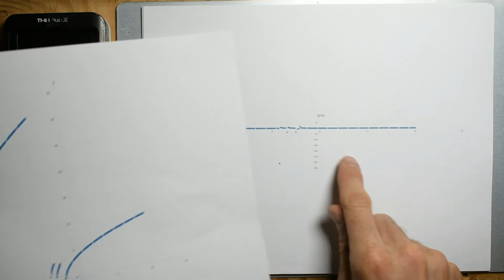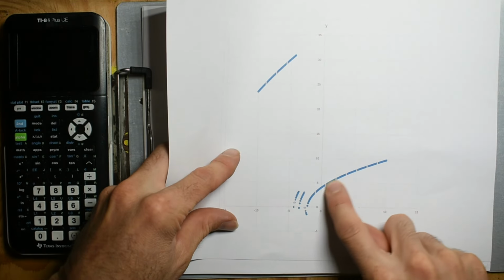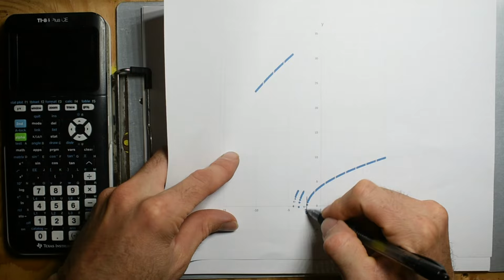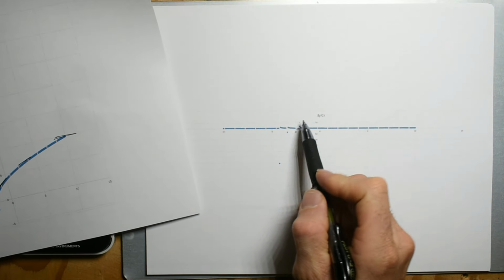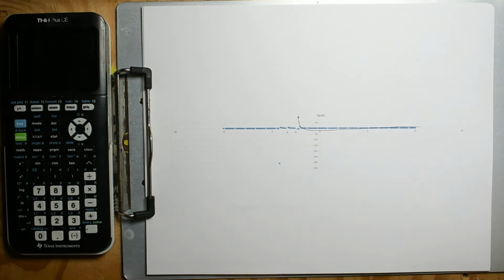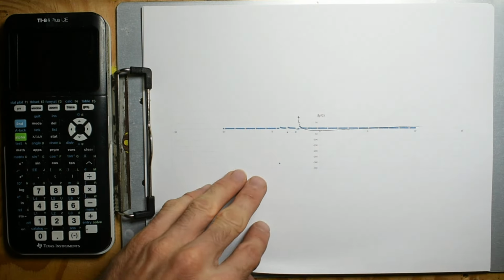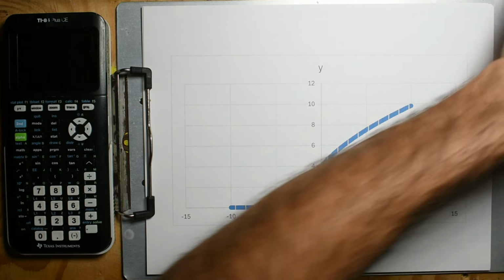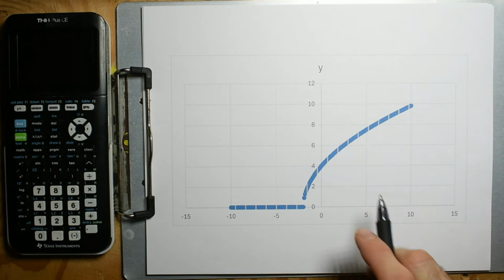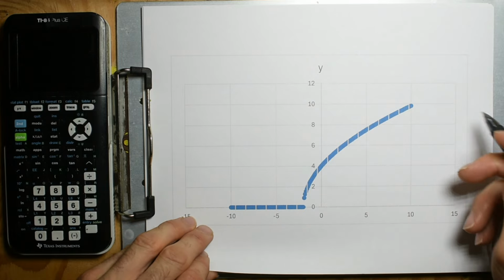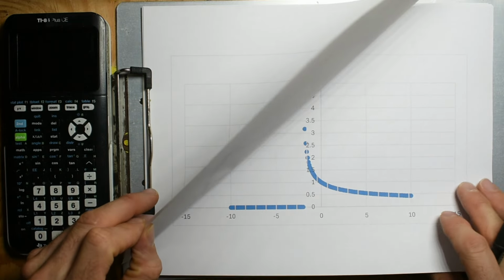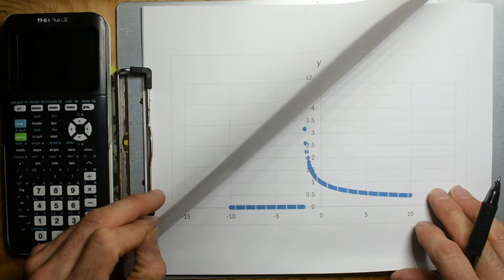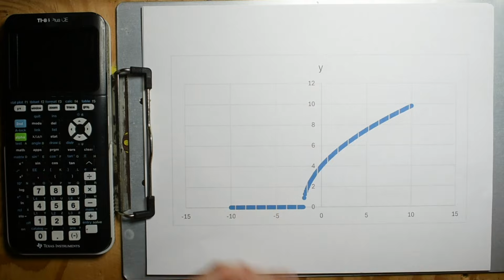So you can see that we have a slope that's kind of steep, shallower, less. And so that's what we have. We have this graph as our slope. This was -10 to 10. That didn't come out right. So here's the same graph from, maybe not. I'm trying to think.